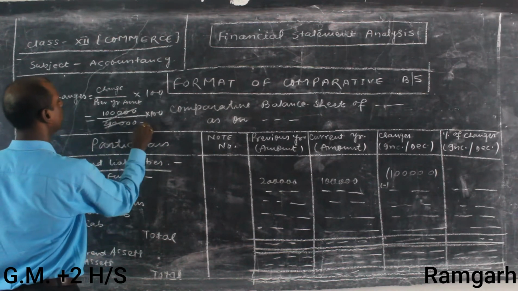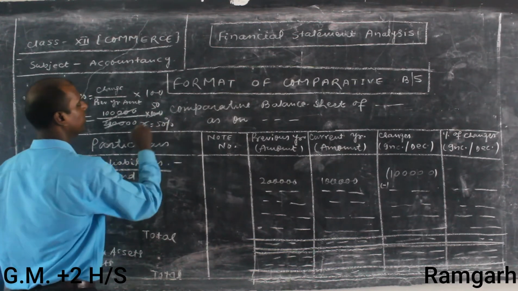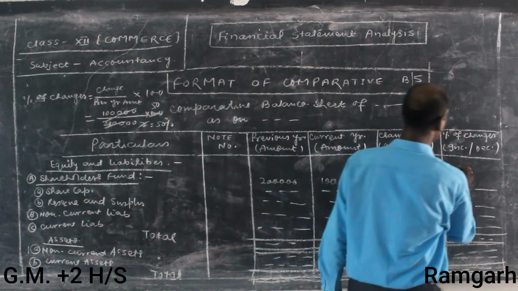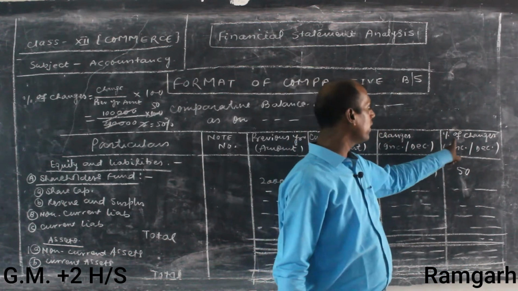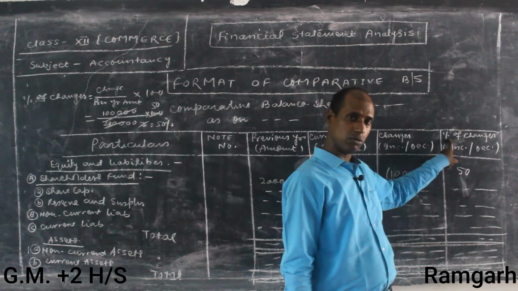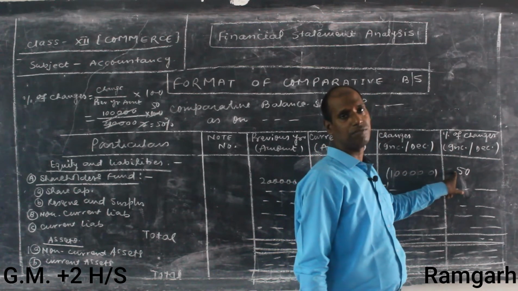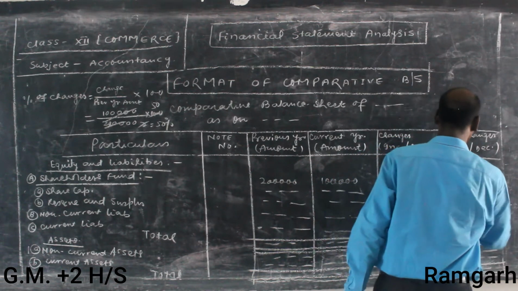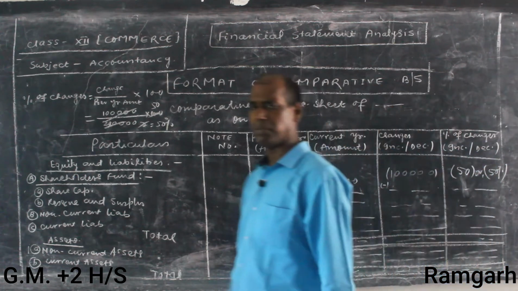When you put it, you find 50 percent. Here only 50 is also the answer because percentage is the column heading. What percentage is the change? The 50%. It is a decrease, so either 50% in brackets, whatever it may be.